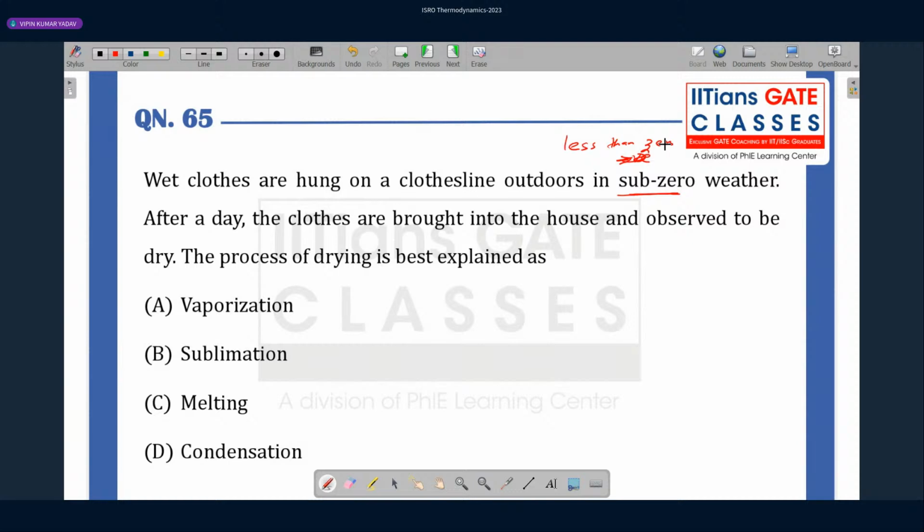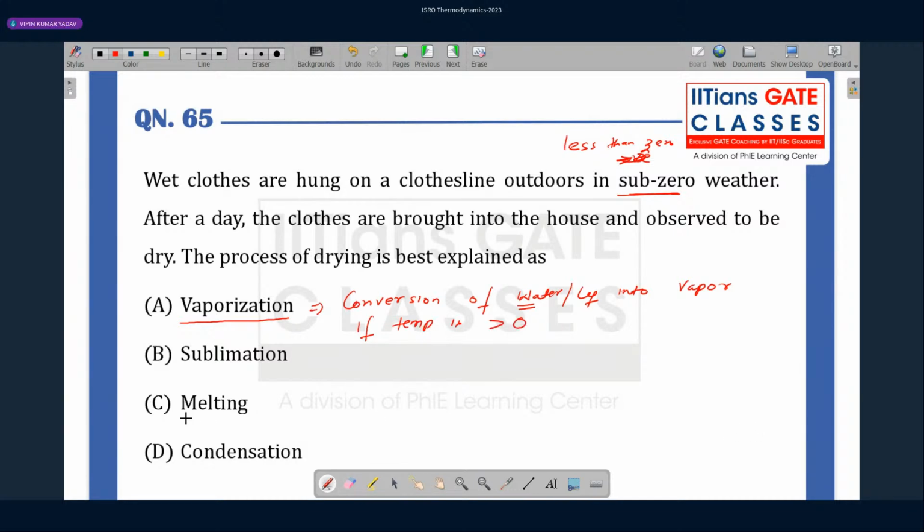Now you see vaporization. What is vaporization? Vaporization is basically conversion of water or liquid into vapor, and it will only happen if, for water, the temperature is greater than zero.